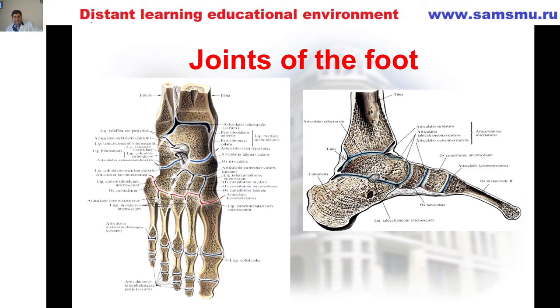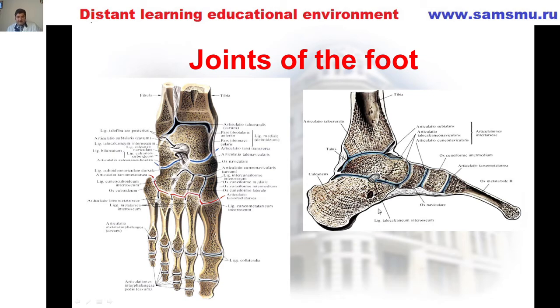The following four joints are distinguished in the articulations between the tarsal bones and intertarsal bones. Subtalar joint, you may see this joint on this picture here. Talo-calcaneonavicular joint, you may see this joint here.